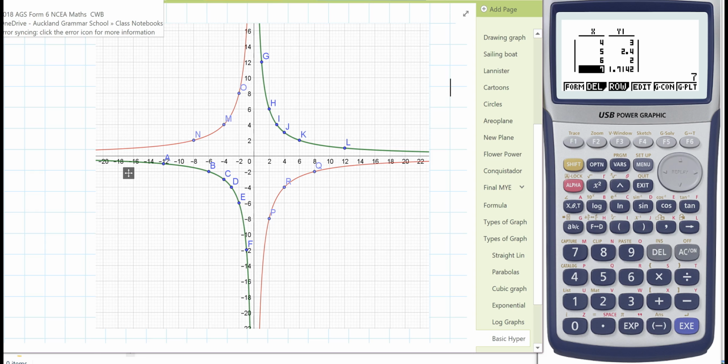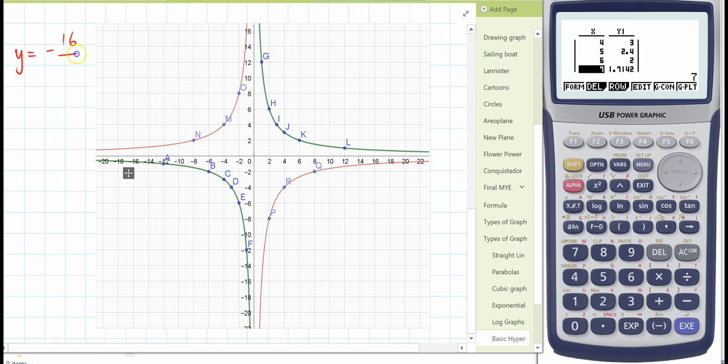So I just made a copy of that diagram, and here we have our two types of hyperbolas. The red hyperbola is y equals minus 16 over x, and that appears in the second quadrant and the fourth quadrant. And then we have the green graph, that is y equals 12 over x.